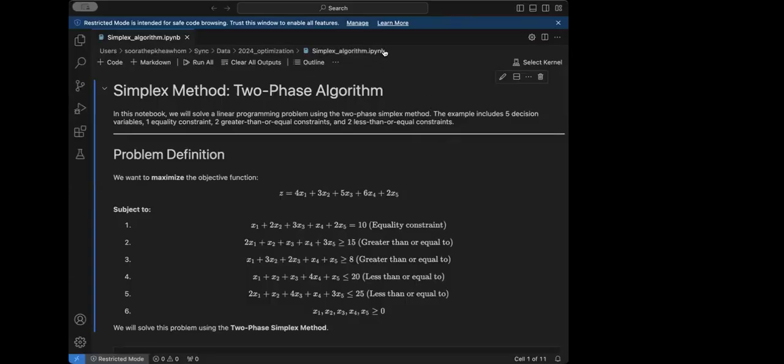It's a Jupyter notebook, right? I wrote a Jupyter notebook on the simplex method two-phase algorithm. I think I uploaded all this file to my course page already. Yeah, a week ago, right? Maybe, yeah.